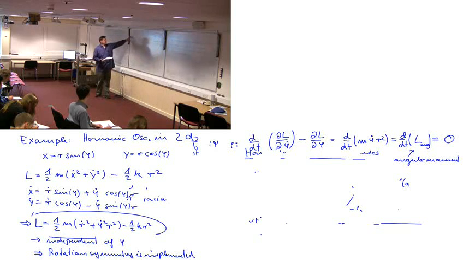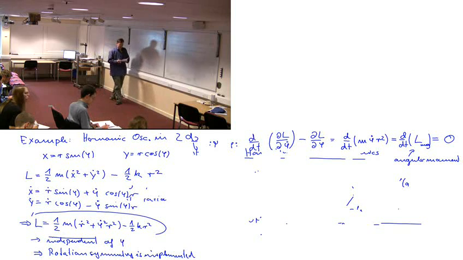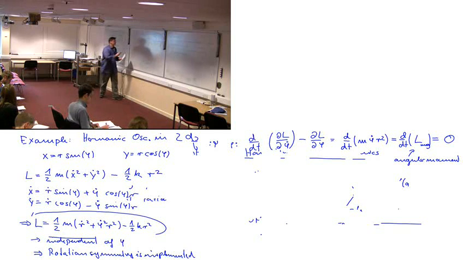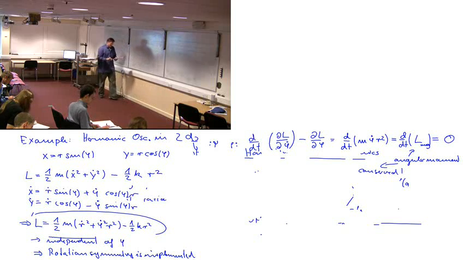So basically, the independence of phi automatically gives us the conservation of angular momentum, which is conserved. Therefore, the only non-trivial equation of motion, in a way, is the one with respect to r.